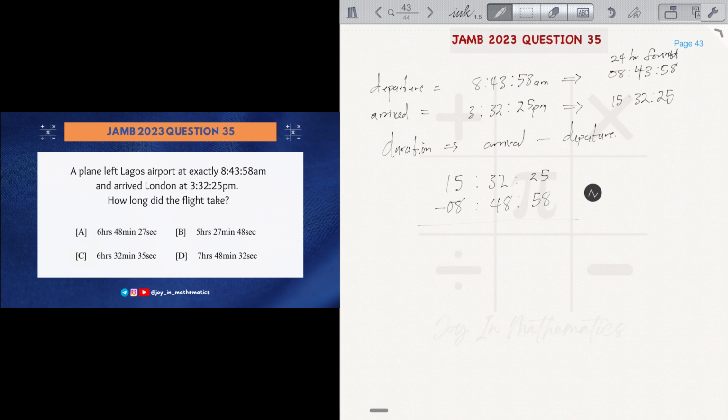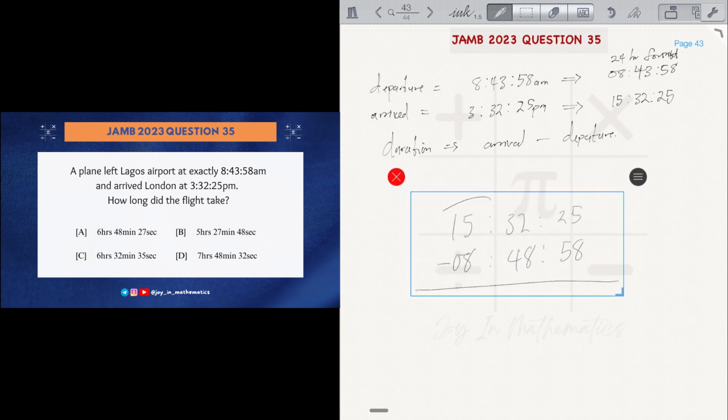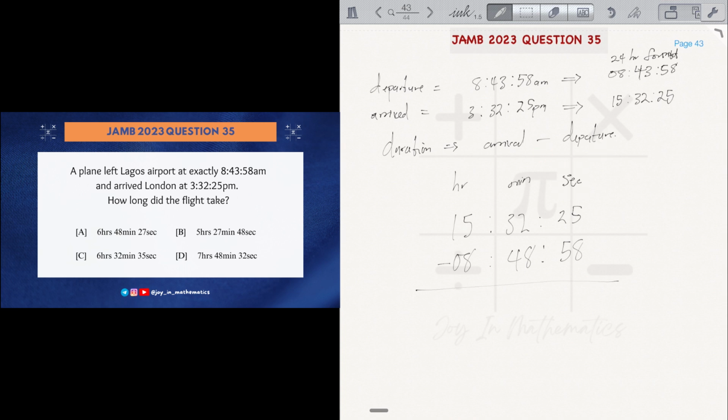So let's begin. Remember that this is hours, minutes and seconds. So let's subtract together now.